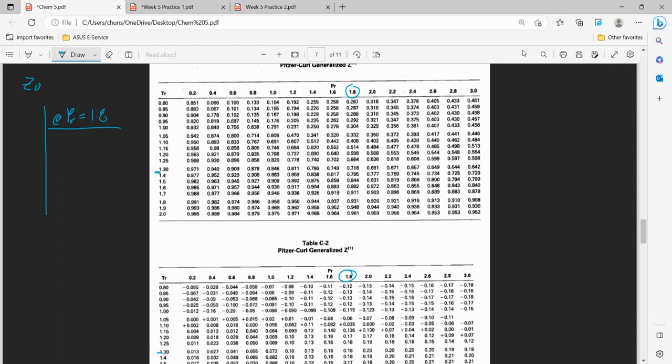So everything in this column is going to be our value of Z. And then we've got our TR, so we're in between 1.3. We want to look for 1.32. So this is our unknown value of Z here, and that is in between 1.4. So if you read 1.4 to 1.8, this gives us a Z value of 0.795. And for 1.3, if we do the same thing, 0.718.